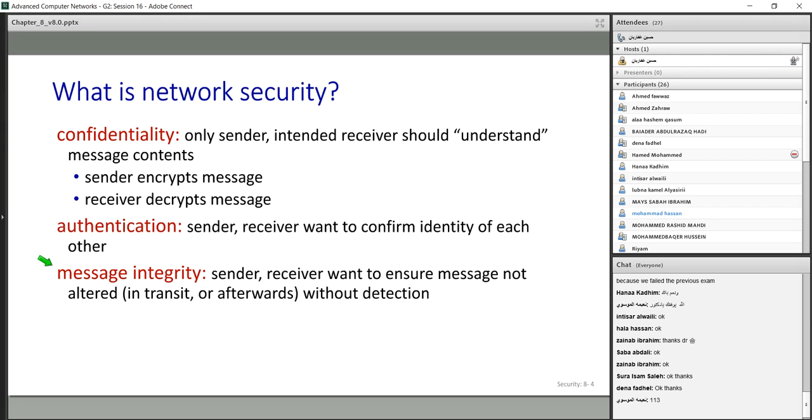The third aspect of network security is message integrity. What does it mean?